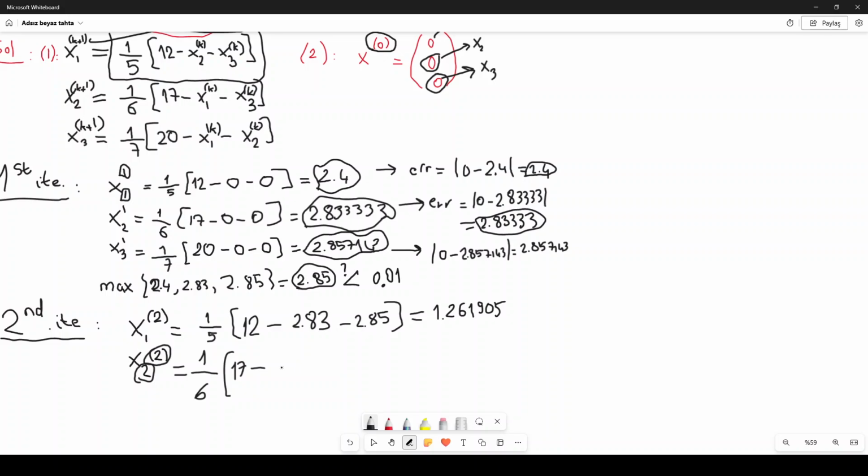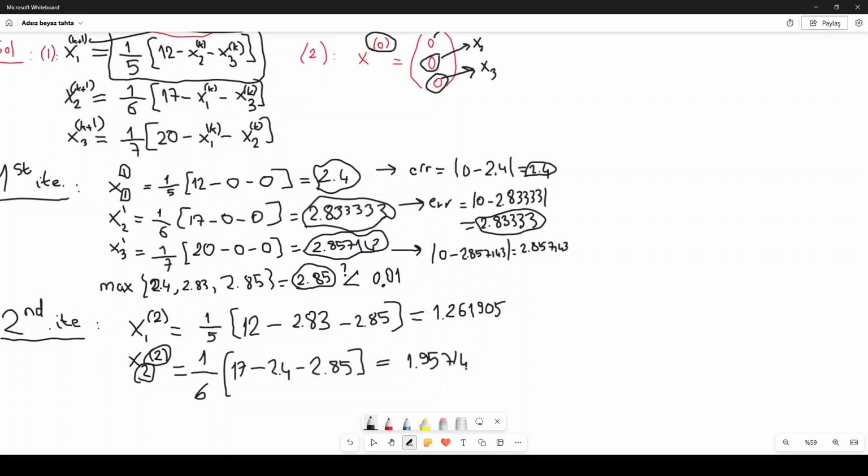So x1 is equal to 2.4 and x3 is equal to 2.85, right? So this is what we get. It outputs the result 1.95 if there is no numerical error, and hopefully I have made no numerical error.